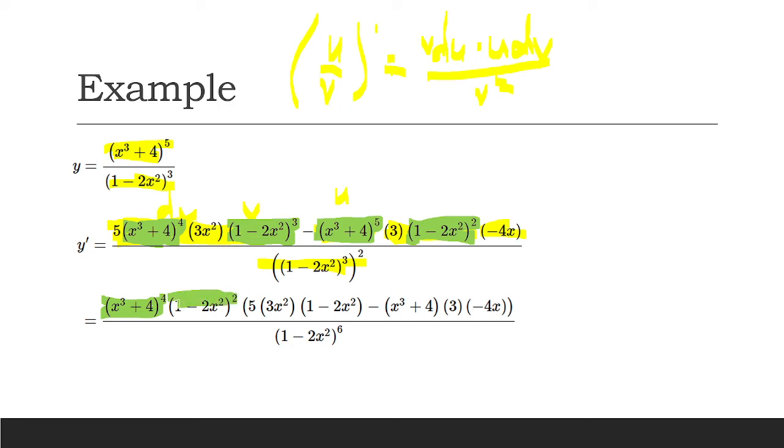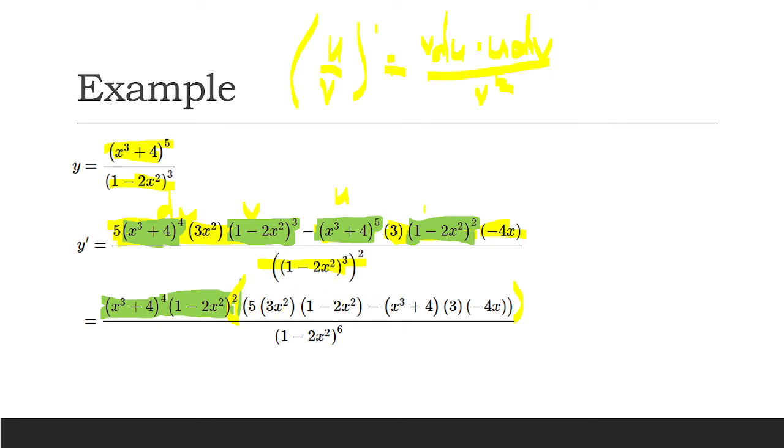Factoring that out, what remains? Let me enlarge it so we can see it. What remains, after removing (x cubed plus 4) raised to 4 and (1 minus 2x squared) raised to 2, is 5 times 3x squared times 1 minus 2x squared.